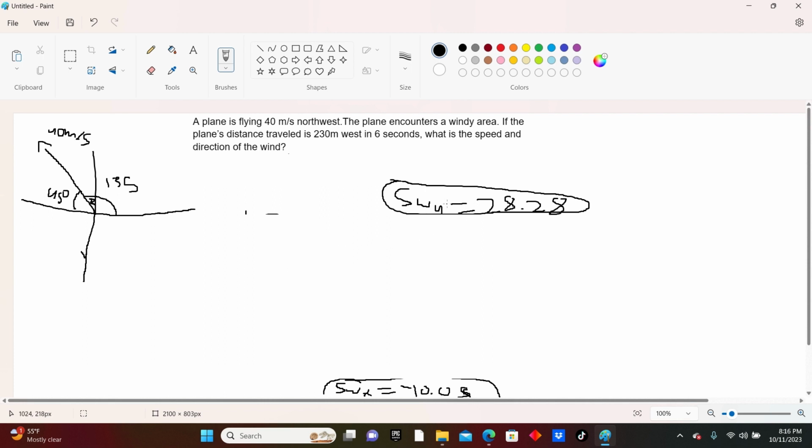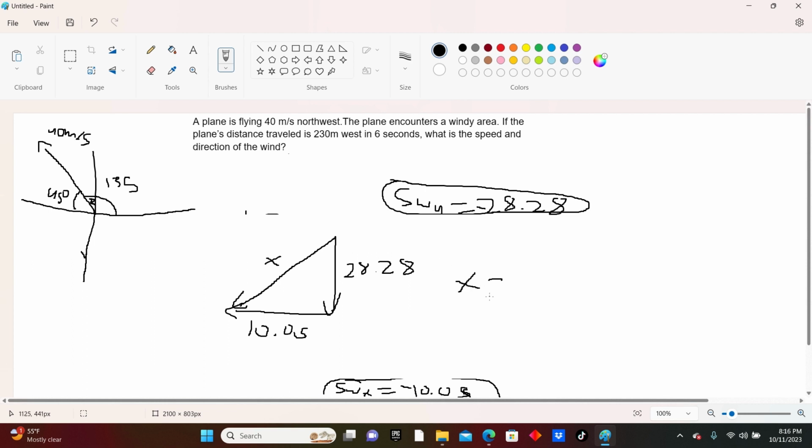We know that the wind speed in the y direction is traveling in the opposite direction of the plane speed in the y direction because it cancels out. So we can say negative 28.28, and going in the west direction we have 10.05.